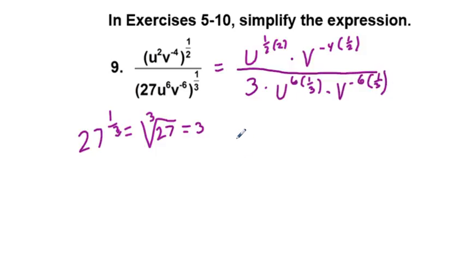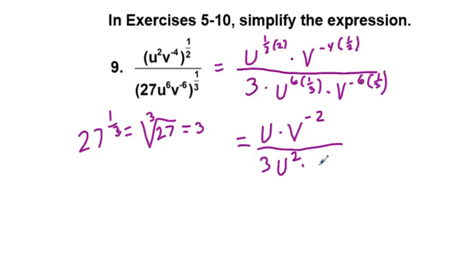And so coming down here, we say u to the 1/2 times 2, that's going to be u to the 1 power, times v to the -4 times 1/2 will be v to the -2 power. In the denominator we have 3, and 6 times 1/3, we're going to have u to the 2nd power, and we have v to the -6 times 1/3.